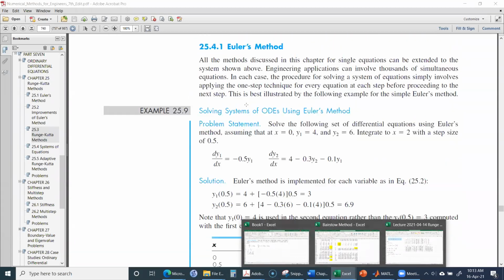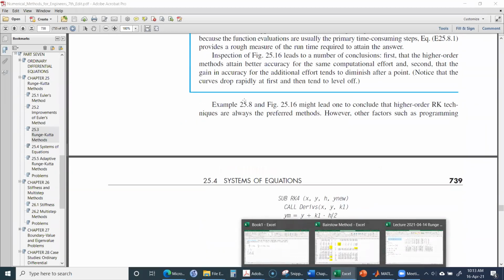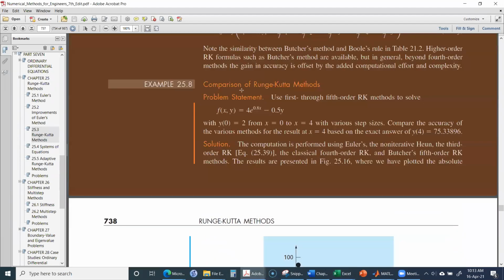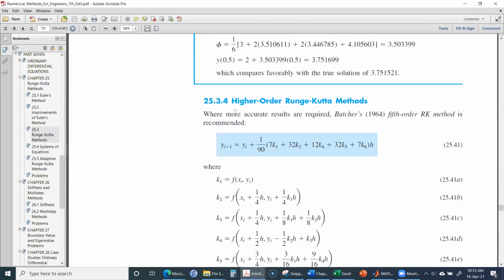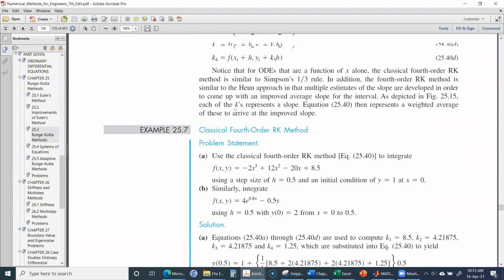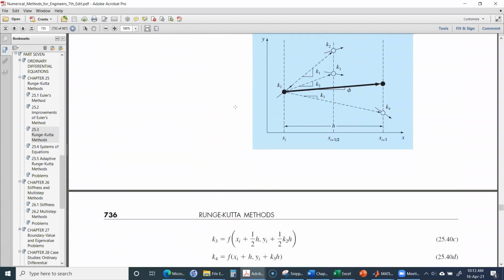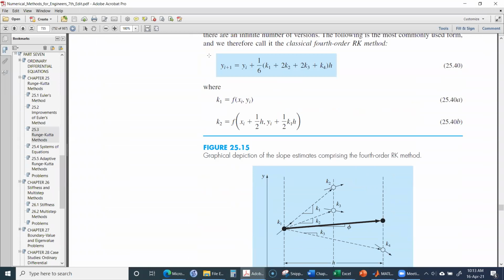But for this, we need to first locate the equations of K1, K2, K3, K4. So this is the fourth order Runge-Kutta method.